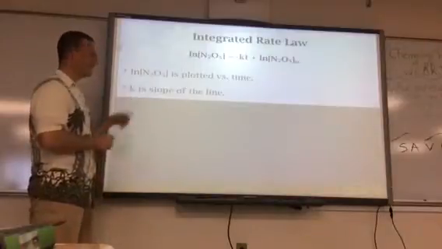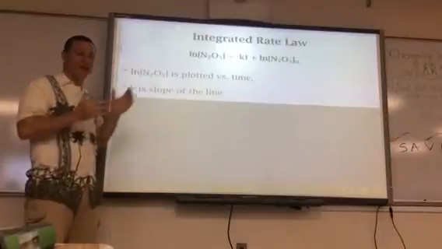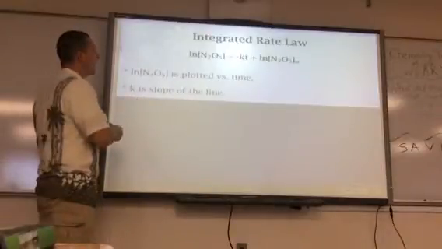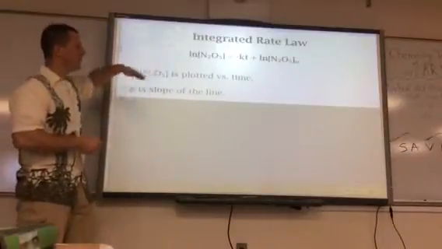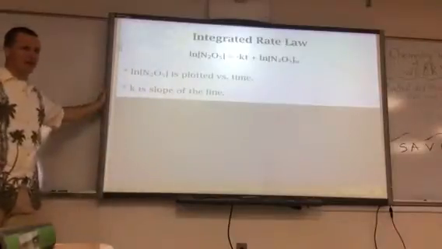I should have said negative k is the slope. That really is mathematically correct. It's negative k. The k itself should be a positive number. This does give us a negative slope. The slope's like that, but we would have to just make it positive.